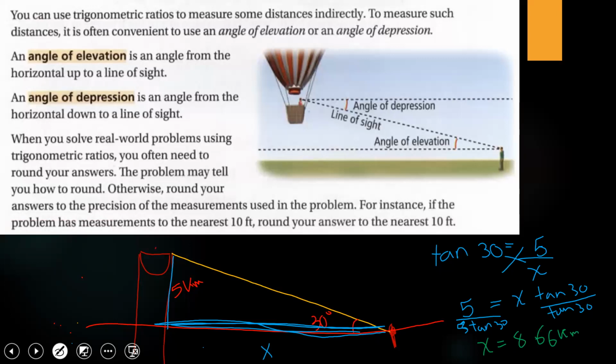So the distance from me to the Kingdom Tower is 8.66 kilometers. That means one of the applications of the trigonometric ratios is that it can help me solve real world problems.